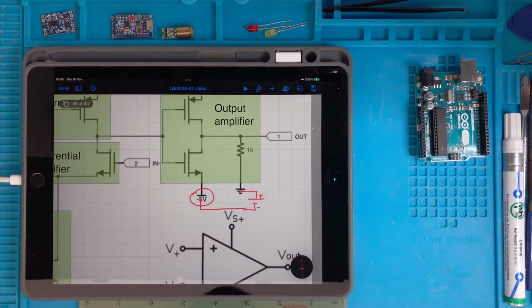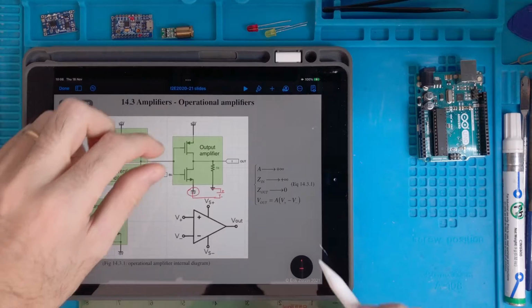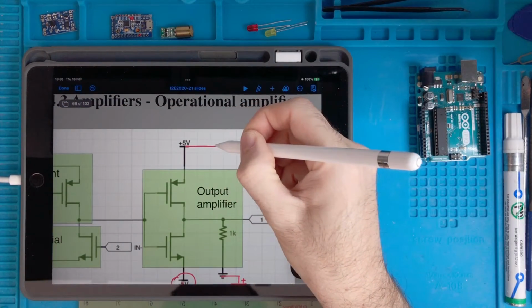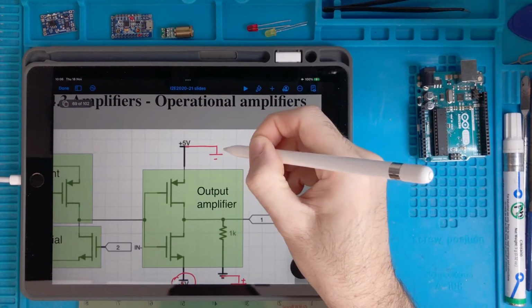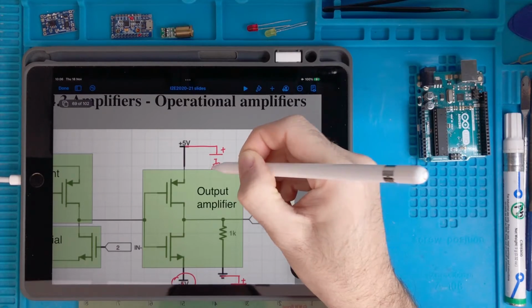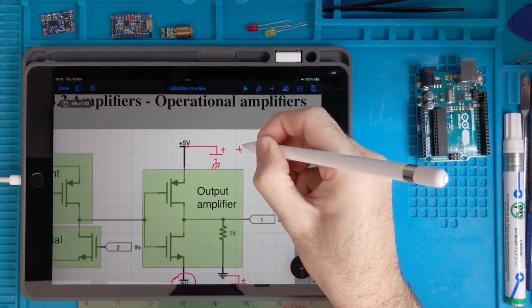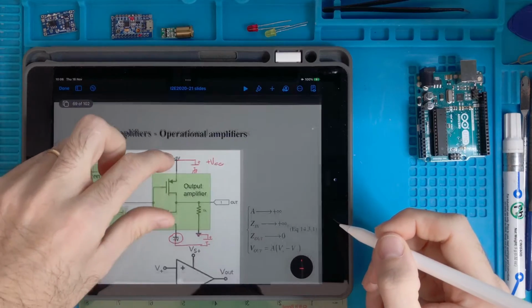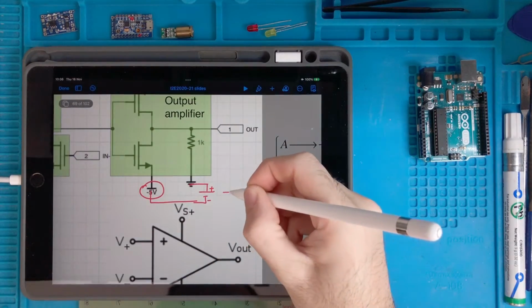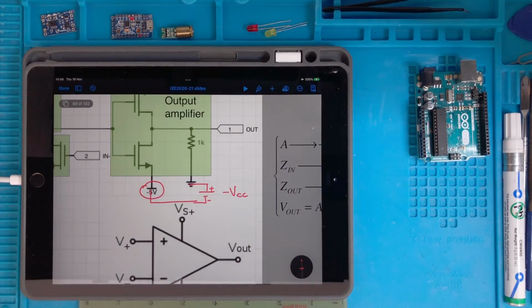So the minus is here, while from this point to the ground there is a battery connected with this polarity. So this thing is called plus VCC usually, and this thing is called minus VCC.